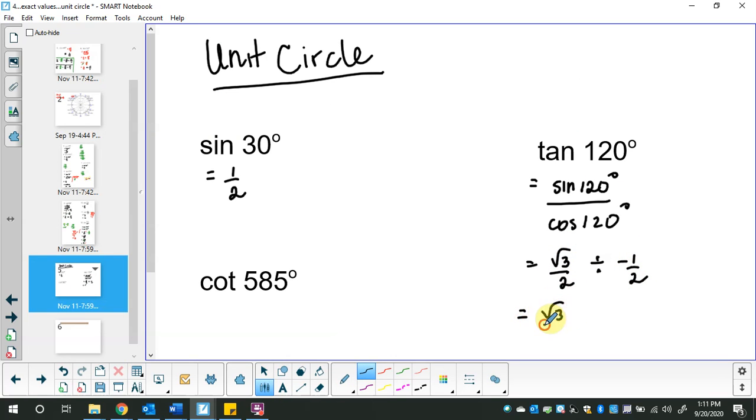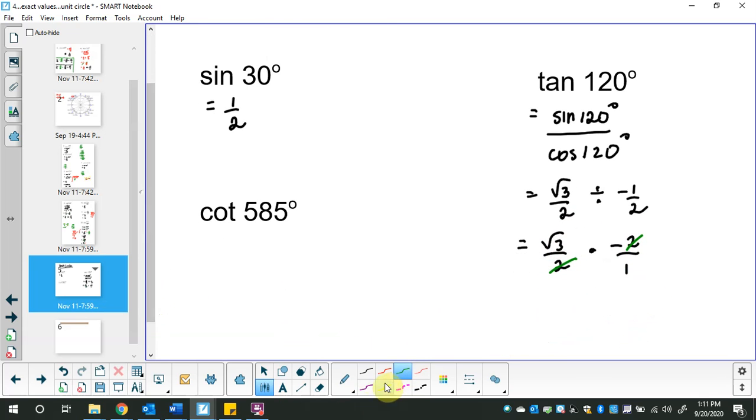And then we have to clean this up, so I'm going to multiply by the upside down. I can scratch out these 2's. Be careful that you don't let the negative vanish completely. And that's our final answer.